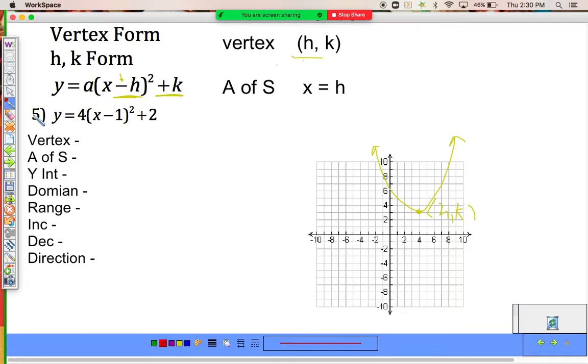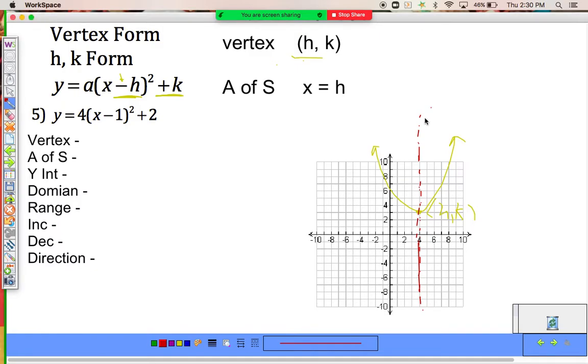All right, next, my axis of symmetry. My axis of symmetry is going to be a vertical line that goes through my vertex. That's going to split my graph in half. This is the reason we don't have to plug all the numbers in, because they match up.